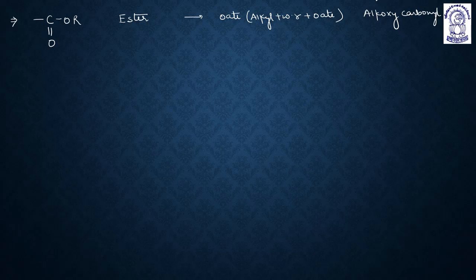Esters are prepared basically from the addition of alcohols and acids. For example, CH3CH2C double bond O OCH3. This is the ester RCOOR'. Here the naming will be done. The part which you are getting from alcohol will be written as the alkyl group, so this part is methyl.